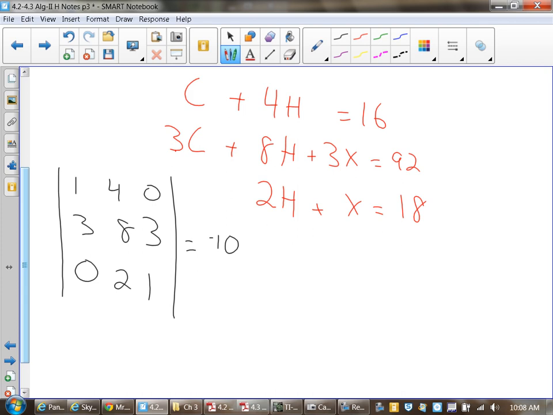And now could you move that column over, find out the rest of them? Not so scary, is it? Go ahead. Take a second, see if you get it.